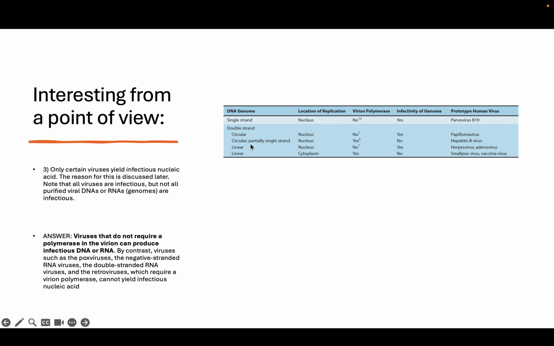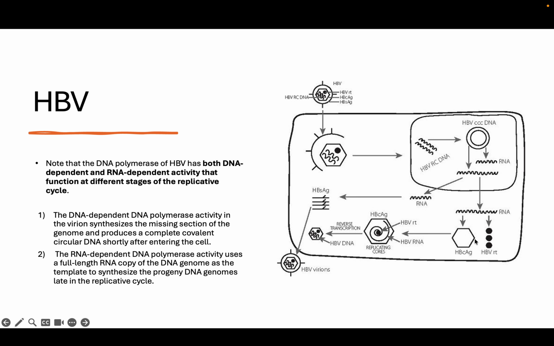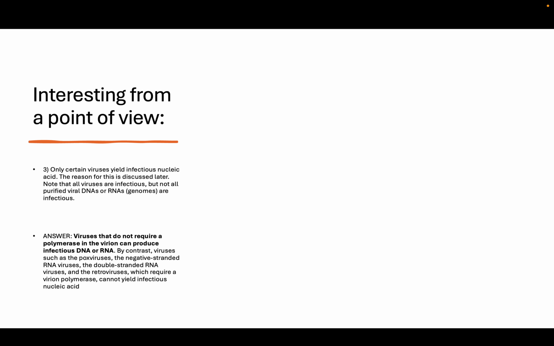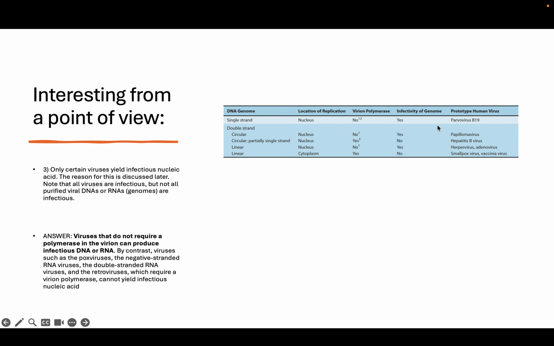In the case of the circular, partially single-stranded hepadna, we cannot, because the hepatitis B viruses need to convert the mRNA to DNA, but we don't have RNA-dependent DNA polymerases. That doesn't exist with us. So that's why it doesn't have infectious nucleic acid.